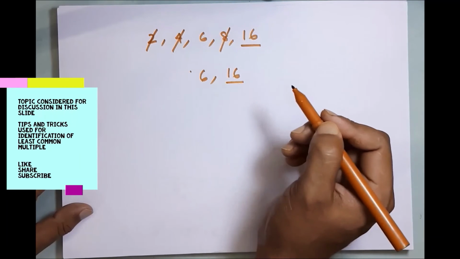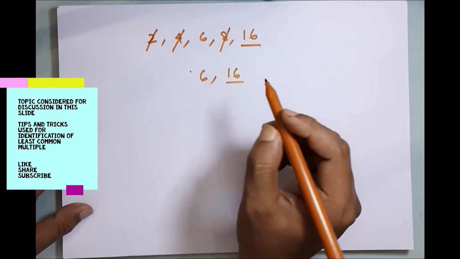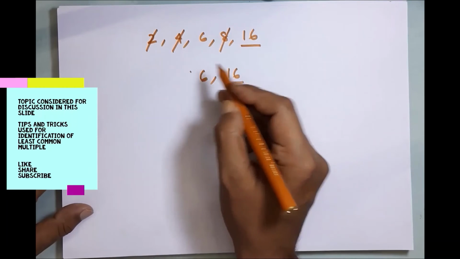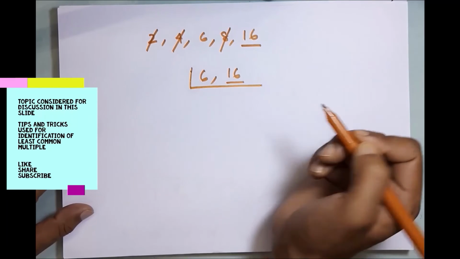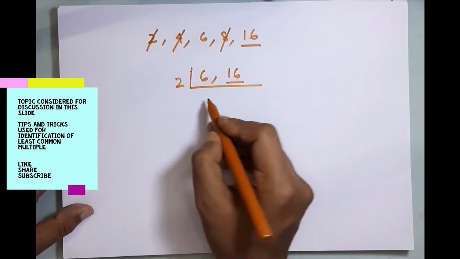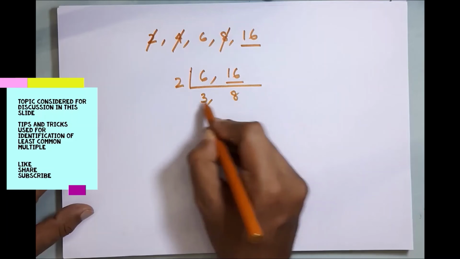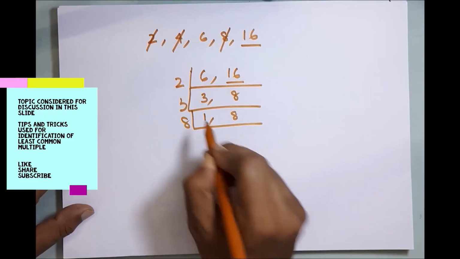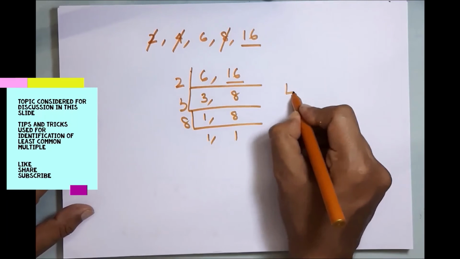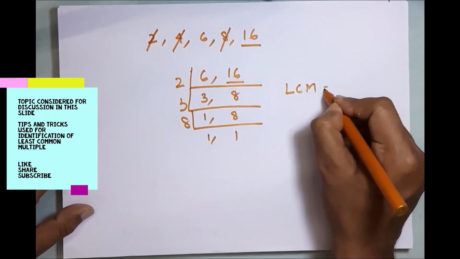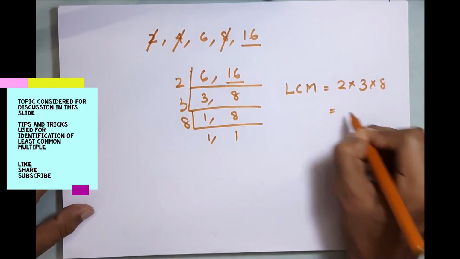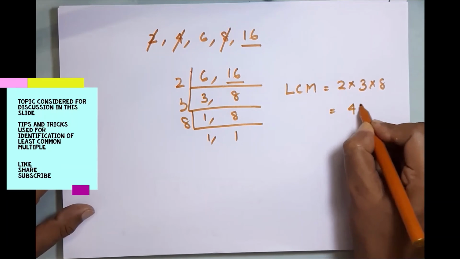So 16 cannot be divided by 6, but they have common factors. For this type of problem, for the remaining numbers, you simply do an LCM. So 2, 3 and 8; 3, 1 and 8; 8, 1 and 1. So the LCM of all these numbers will be 2 into 3 into 8. The answer will be 48.